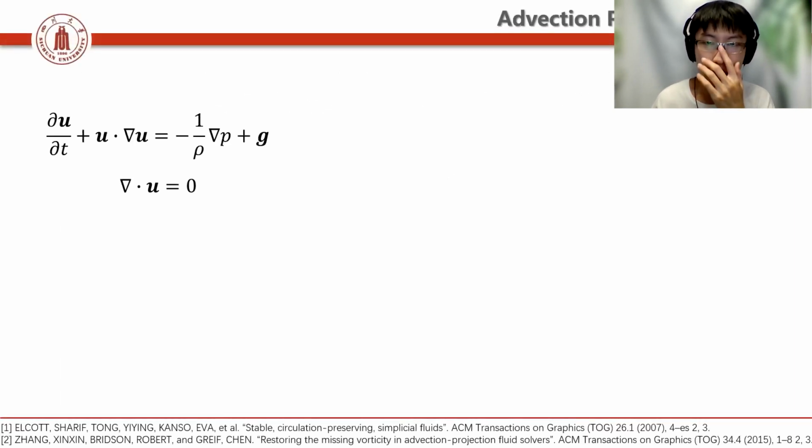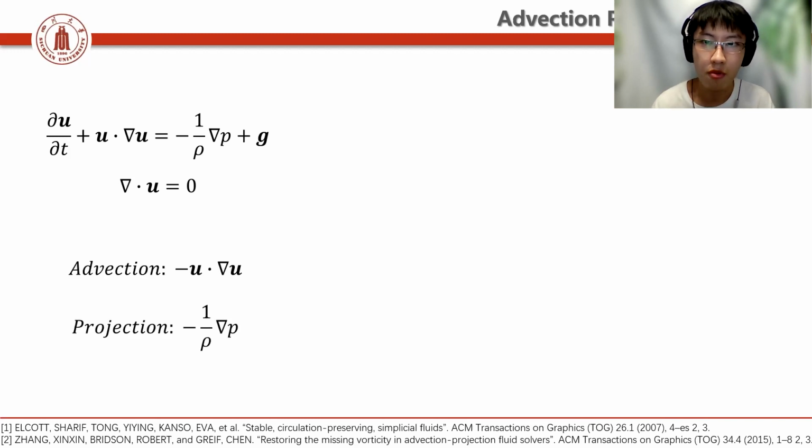The incompressible and inviscid Navier-Stokes equations can be written in the following forms. The first is the momentum conservation equation, and the second is the mass conservation equation. Using the method of operator separation, the advection projection framework divides its evolution with time into two main steps, namely the advection for solving the advection term and the projection for solving the pressure gradient term and ensuring the conservation of mass.